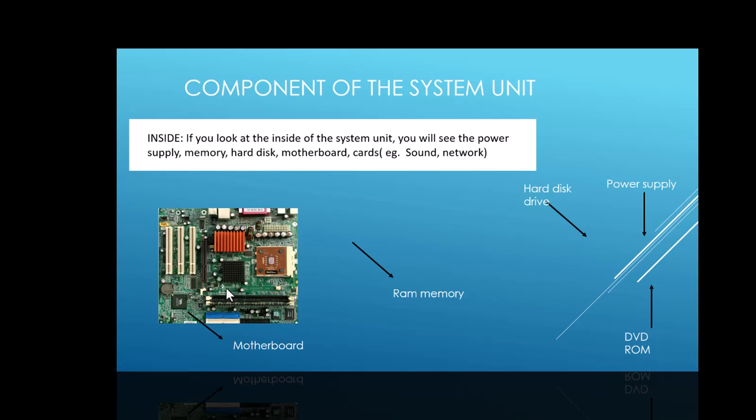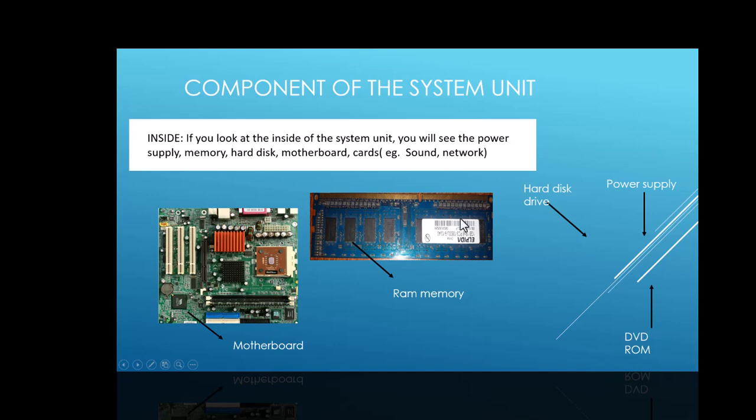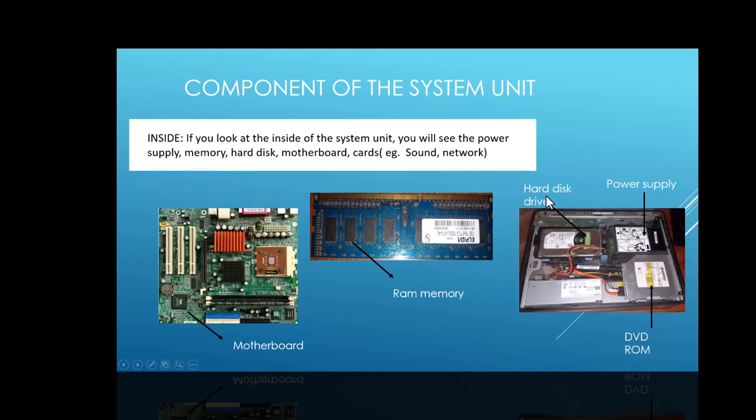There are so many things here, but we'll look at them in our next video. Here we have the RAM memory. We also have the hard disk drive right here, the power supply, the DVD-ROM, and so much more.